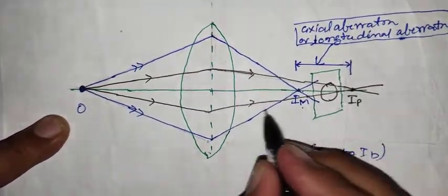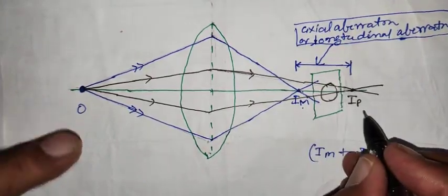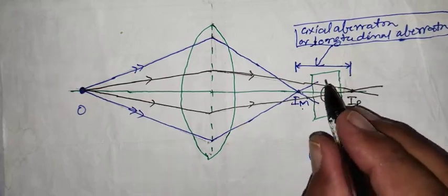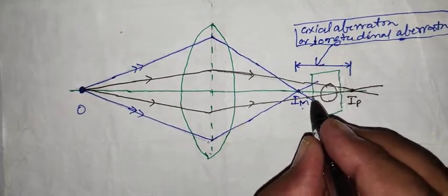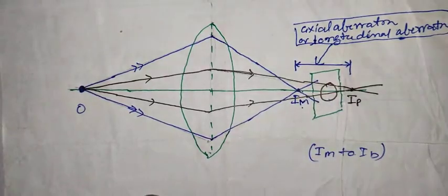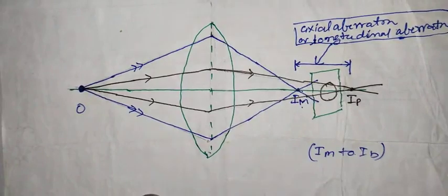When we move the screen parallel to the principal axis from IM to IP, the size of the disc-shaped image changes.